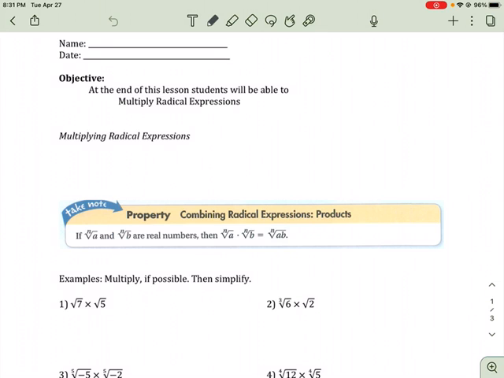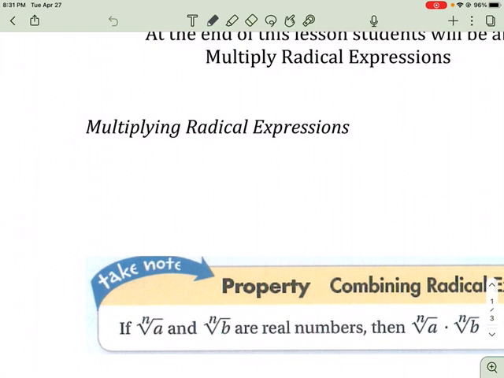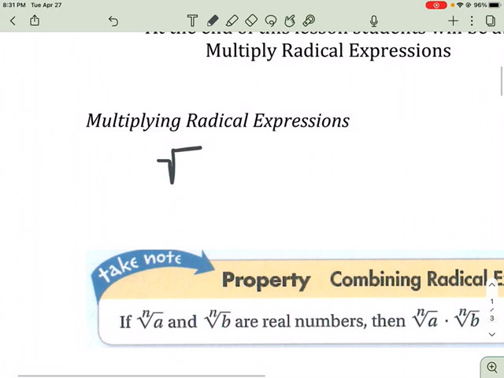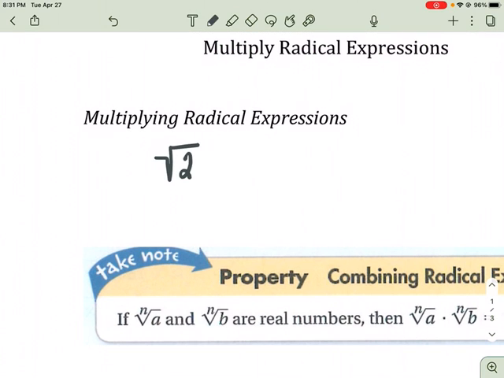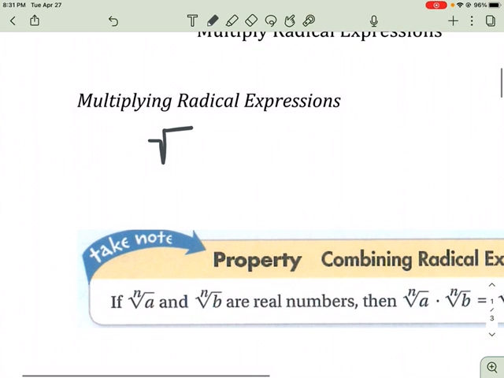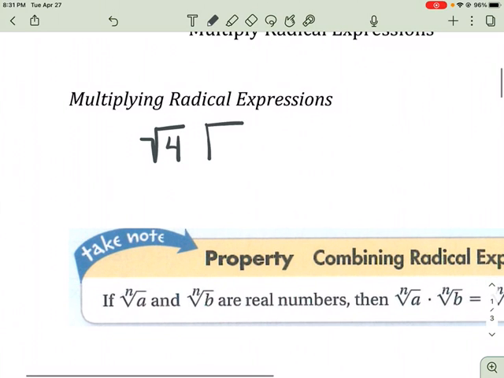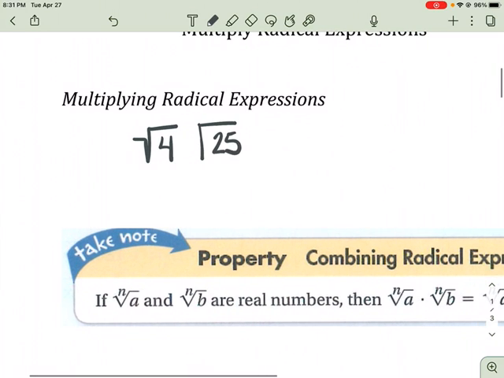So when we multiply radical expressions, the idea here is, let's say I take the square root of 4 and the square root of 25. I can get square root 2 times 5 and get 10.